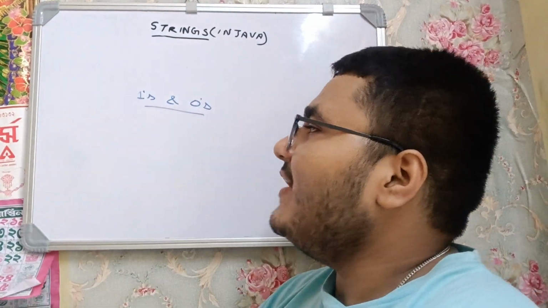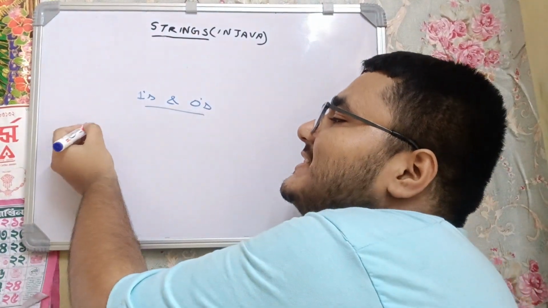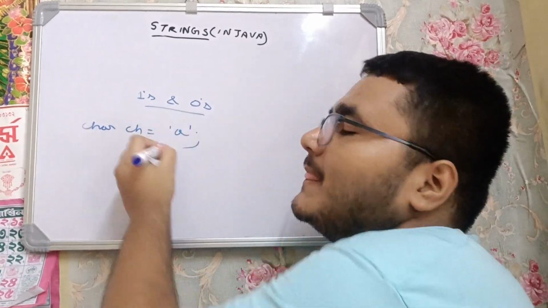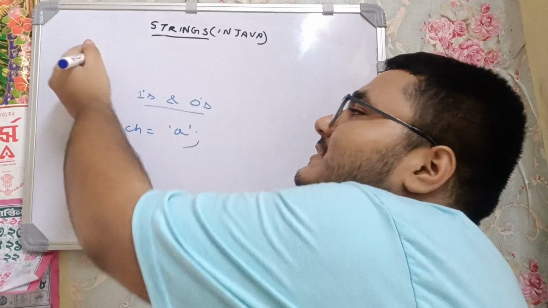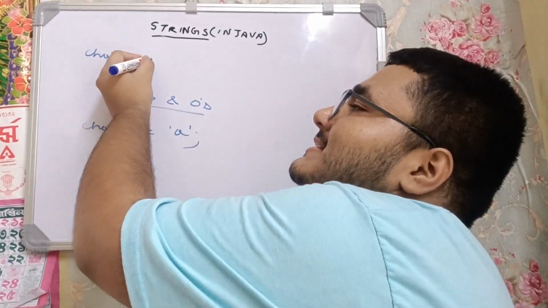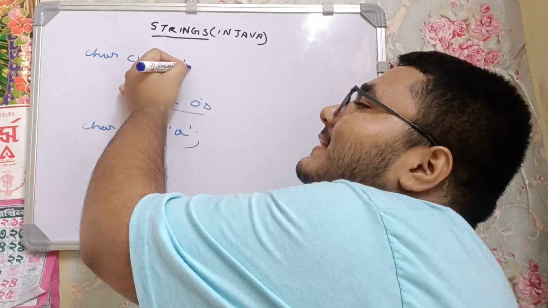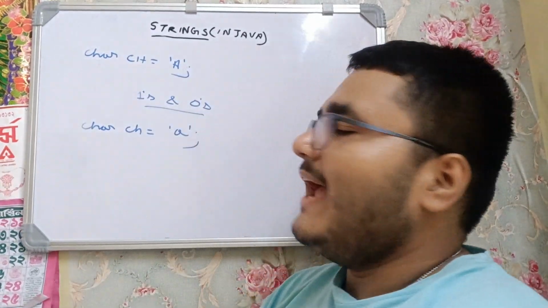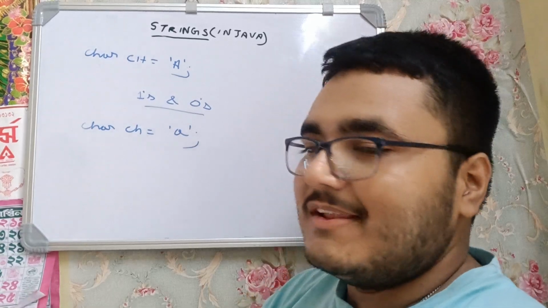So if I am writing char ch is equal to A, or if I am storing char CH, capital C, is equal to capital A, in uppercase, and you can store other alphabets.